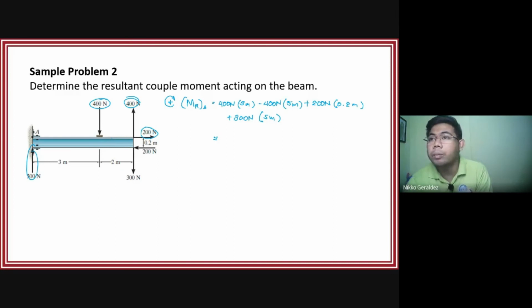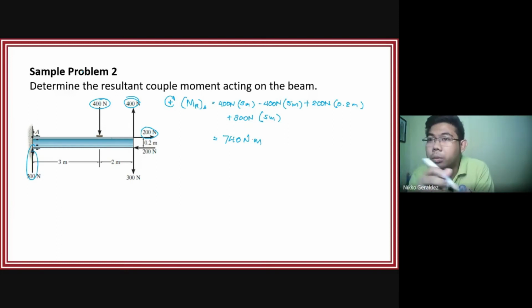Ano ang resultant moment? 740 Newton meter. So, parehas lang yung nakuha nating sagot sa nauna nating solution. Di ba, ang resultant couple moment is a free vector.